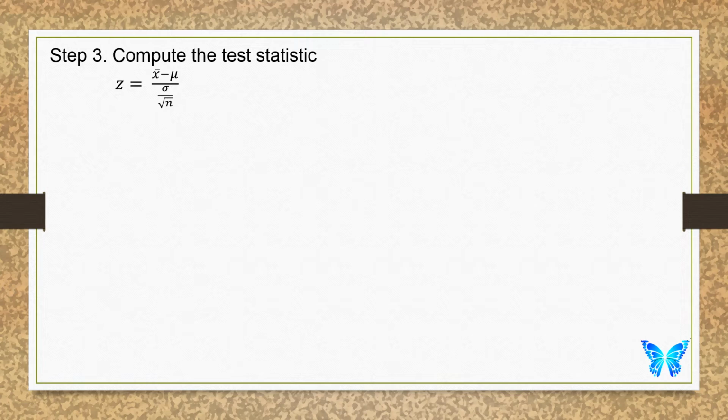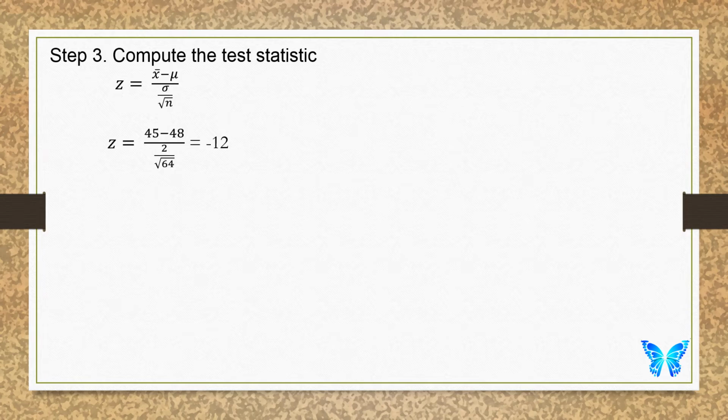Let us have now step number 3. We are about to compute the test statistic. The type of test that we apply in this problem is z-test. As I mentioned a while ago, we use z-test because the sample is more than 30. From the problem, 45 corresponds to the mean from the sample, and 48 is the mean of the population.